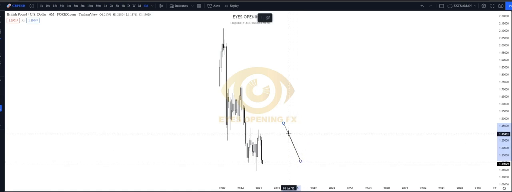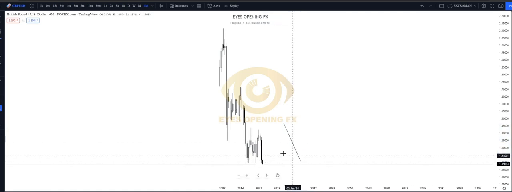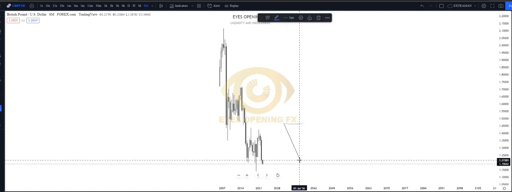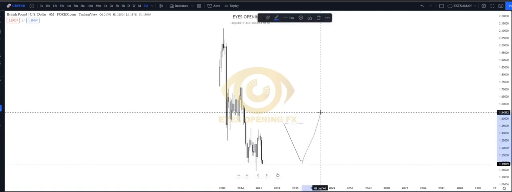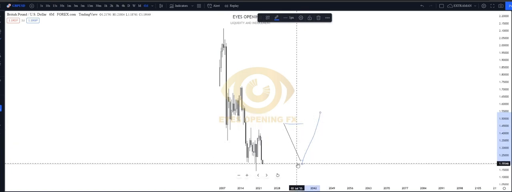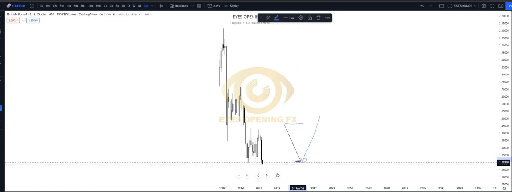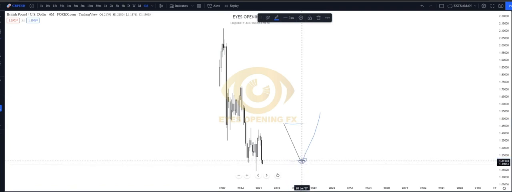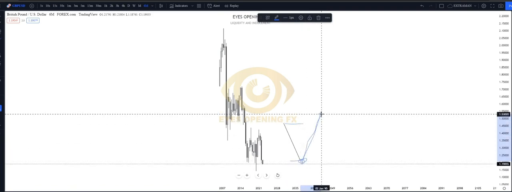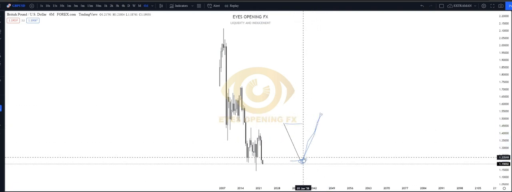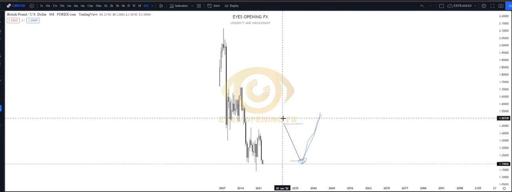You know that the market will continue going down, and at the moment the market is at this area, but you know that it will get to this level before it will start going up. So you set your buy limit at this level. When the market gets to this level, it will activate your order and go in your favor, so it becomes a profit. That's what we mean by buy limit.